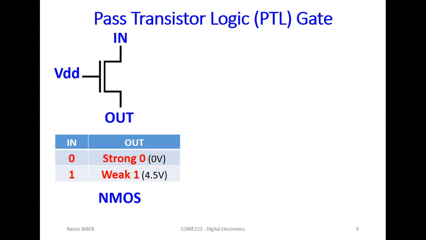Here this is N channel. If we put the input as high, 5 volt, the output will be 4.5 volt, not 5 volt. So 0 will give us strong 0, and 1 will give us weak 1.